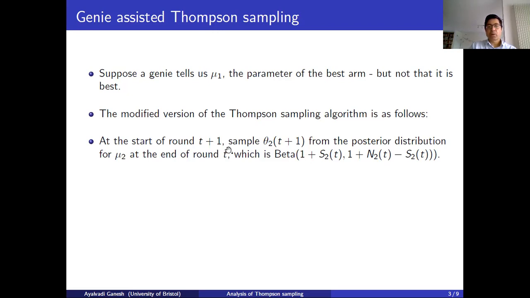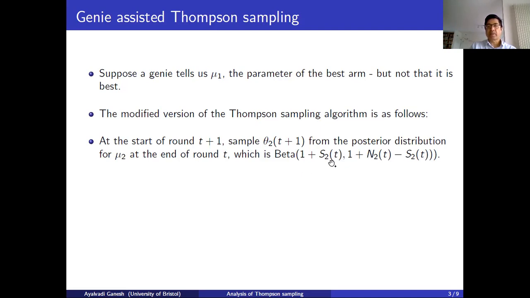So at the start of round t plus 1, we sample this parameter. We guess theta2 t plus 1 is our guess of mu2 in round t plus 1. And we guess this from the posterior distribution for mu2 at the end of round t. And as we already saw, that's a beta distribution with these parameters.